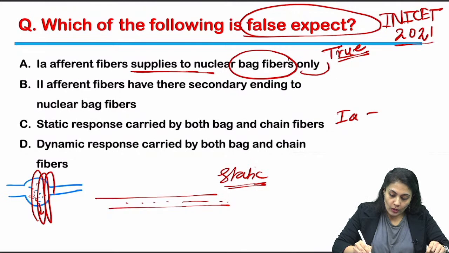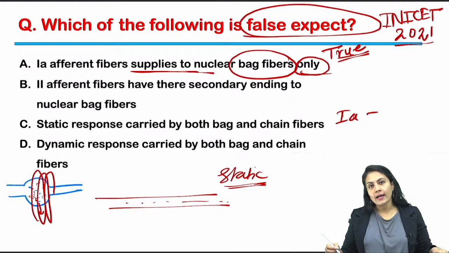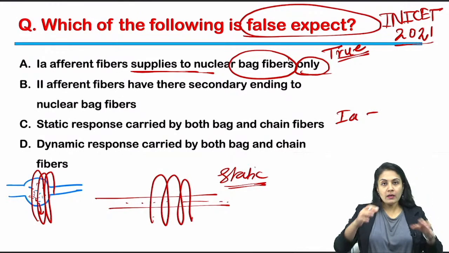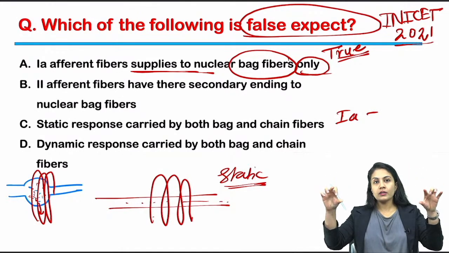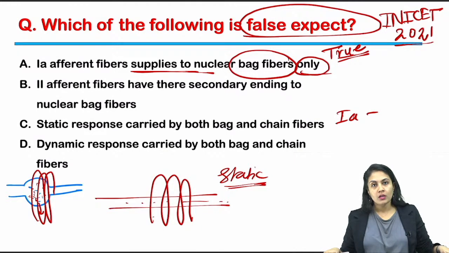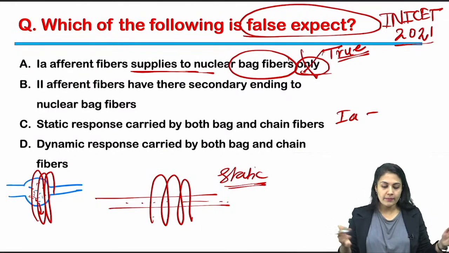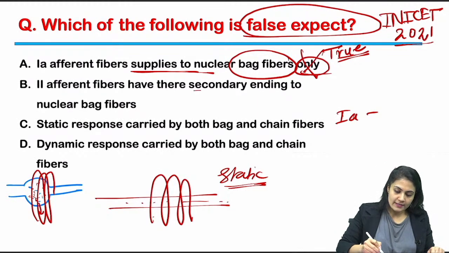They are saying only to the bag fibers. Now understand, annulospiral fibers, they are present in between the muscle fiber. That means they are providing both. The static fiber too. So the statement is false indeed.